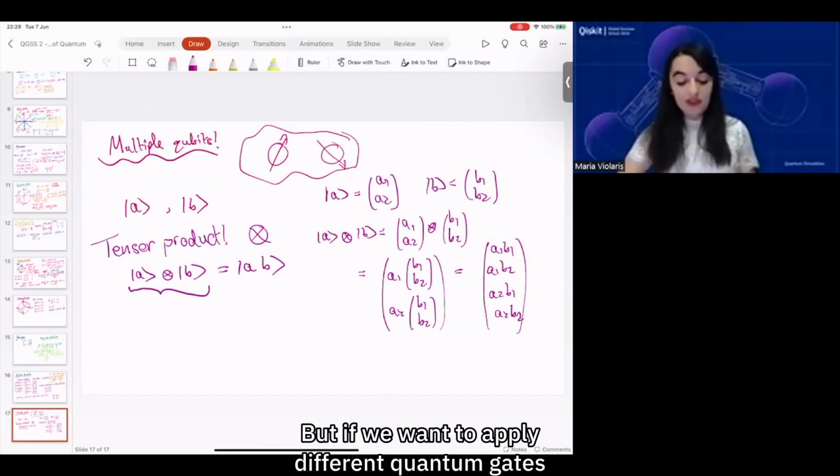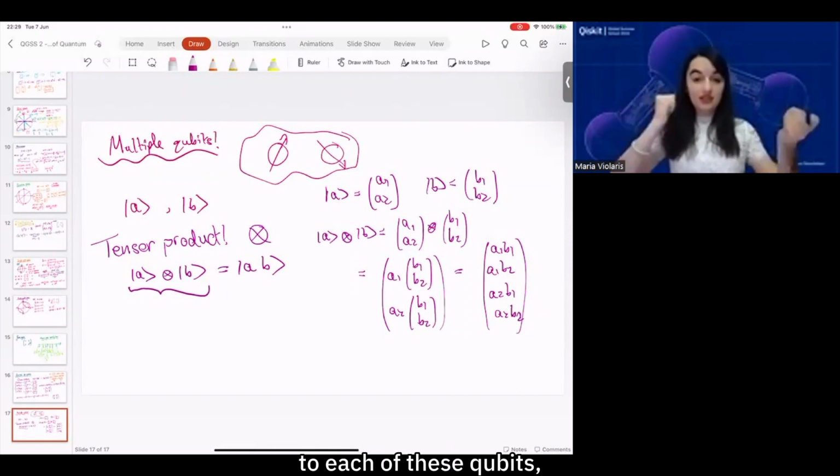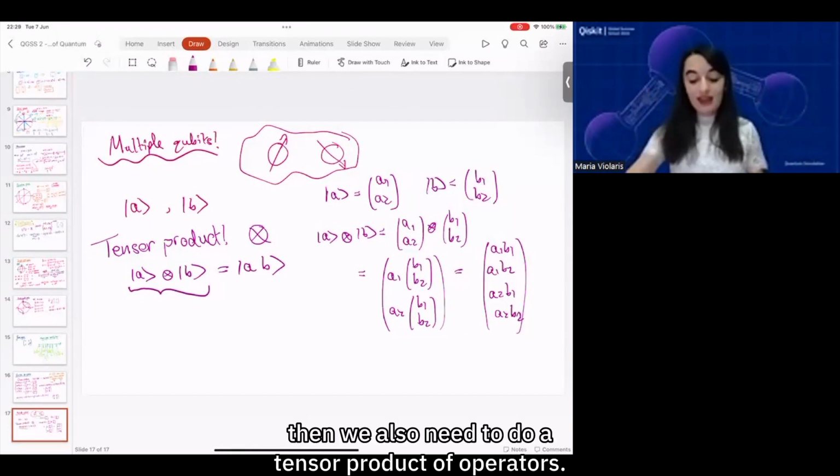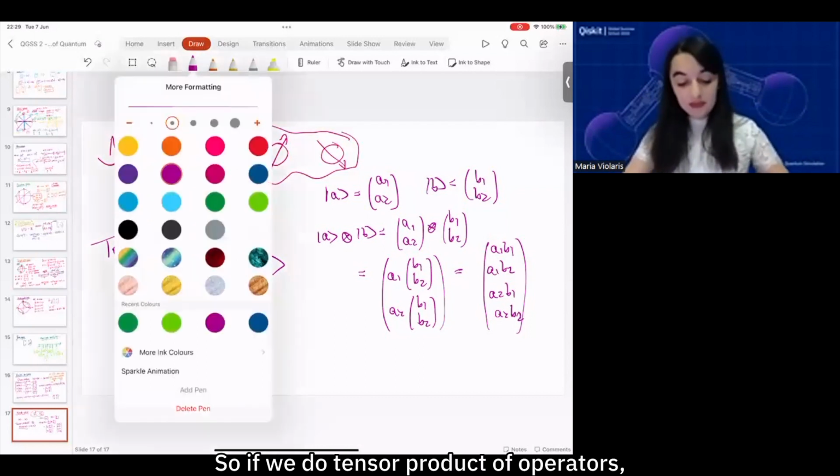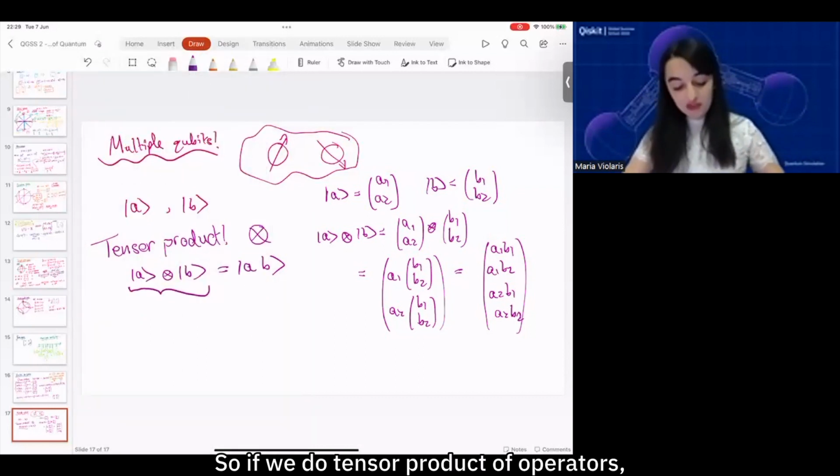But if we want to apply different quantum gates to each of these qubits, then we also need to do a tensor product of operators.